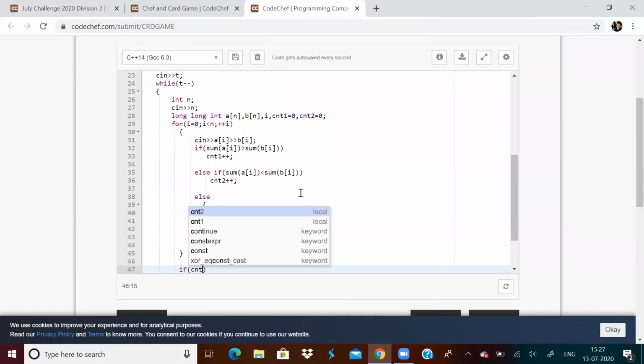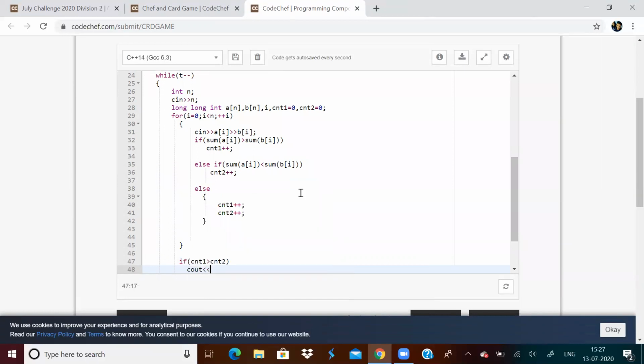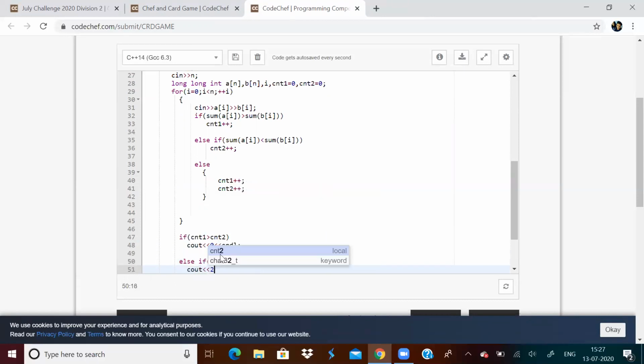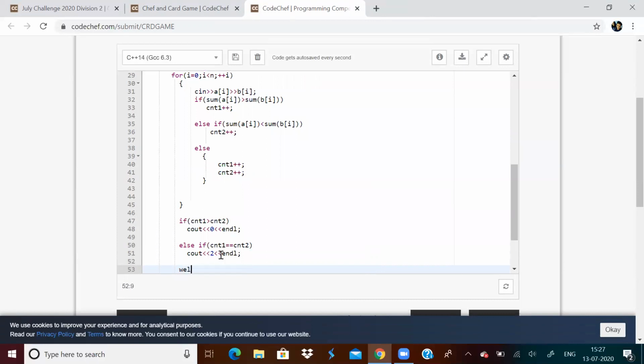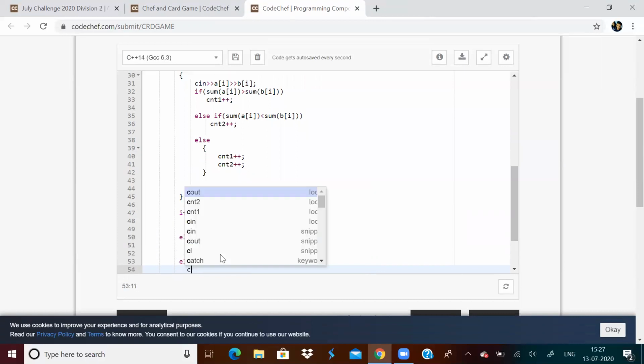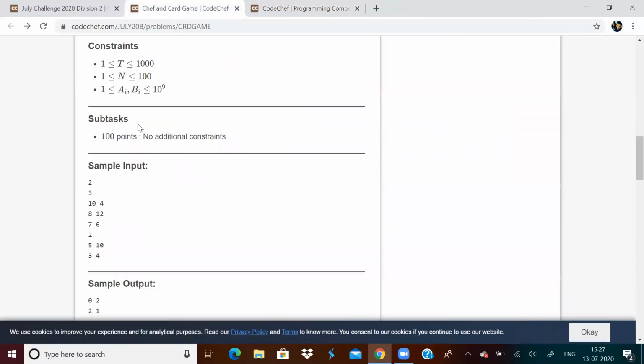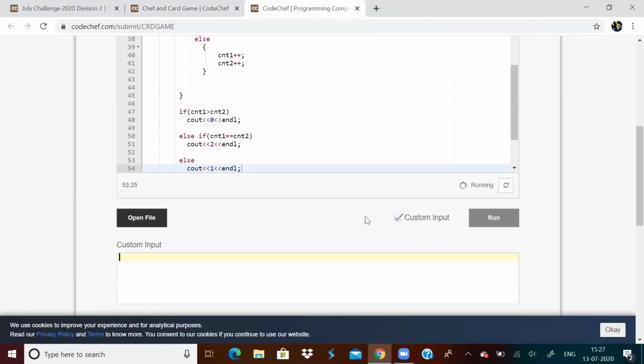So at last, if count1 is greater than count2, that means chef won. If count1 is equal to count2, that means it's a draw. Otherwise, Morty won. So let's see if this is correct.